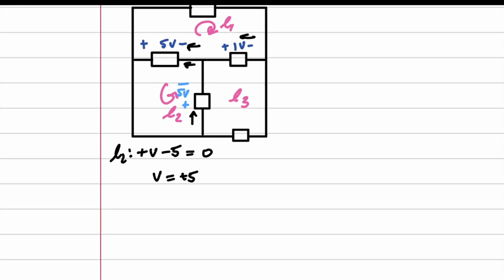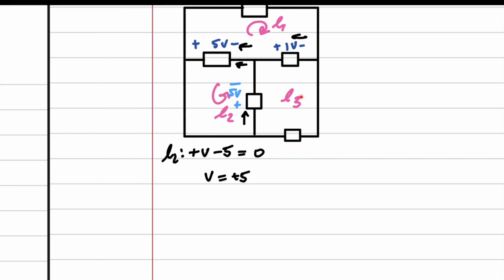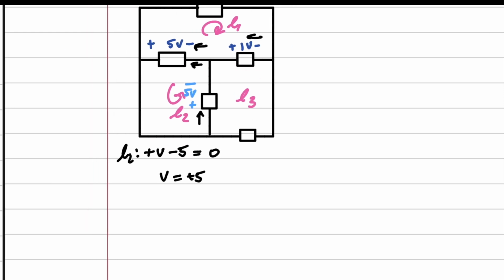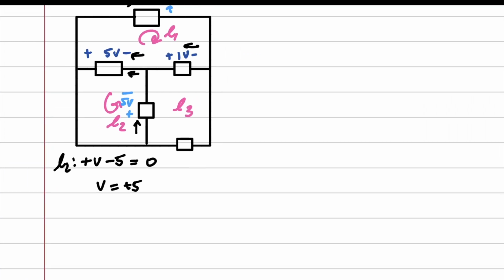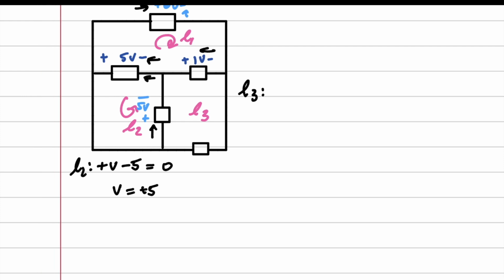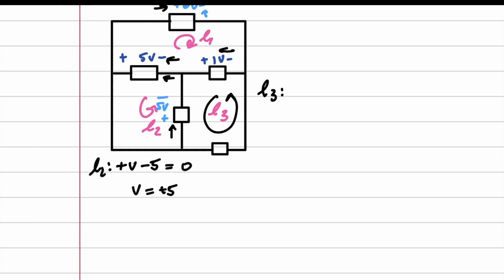Now this one, now that we have this 5 volts right here, we can now solve this guy right here. Or technically we could have solved it using this loop right here, but yeah, I'm just deciding to do loop 3. Loop 3. Let's say it's going this way, counterclockwise.